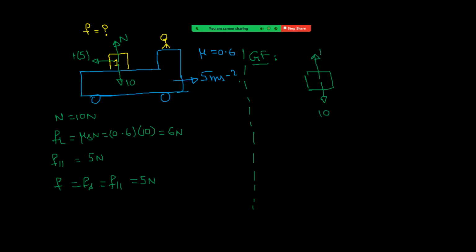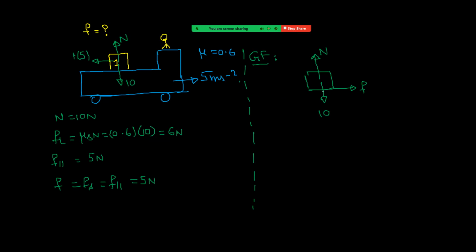Normal reaction, no change. Since the ground is an inertial frame, no pseudo force. And we can see that the block moves only because of friction. So frictional force must be on the right side.